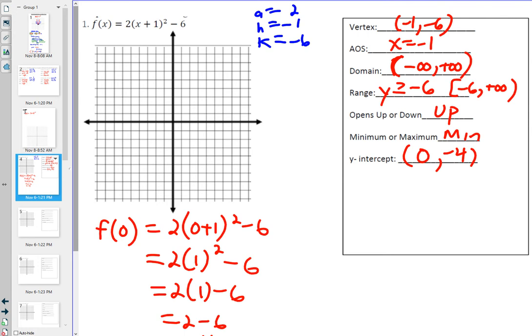I only told you that we need 3 points, and the most important one is the vertex. My vertex is going to be at -1, -6. So -1, 1, 2, 3, 4, 5, 6.